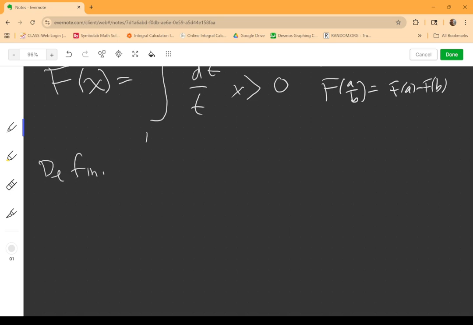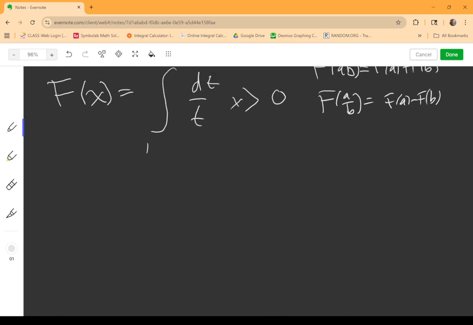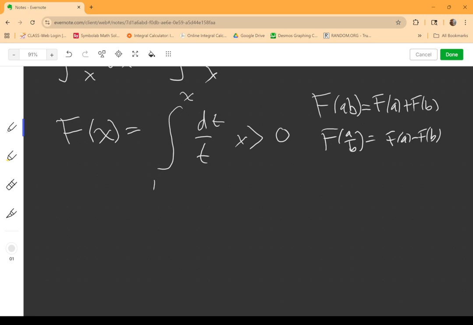Before we get into the definition, one thing to realize from the fundamental theorem of calculus is that it applies here. We have a continuous function for x values bigger than 0, so the derivative of this function is equal to 1 over x.